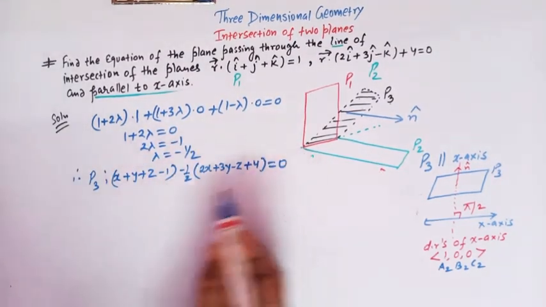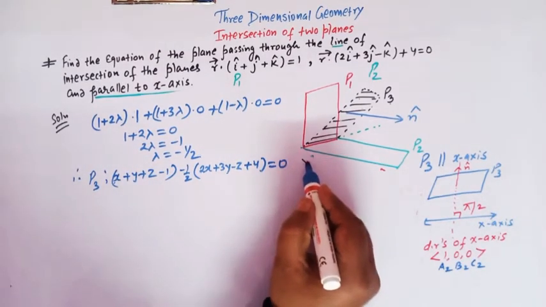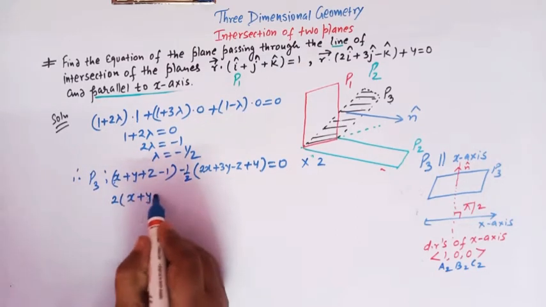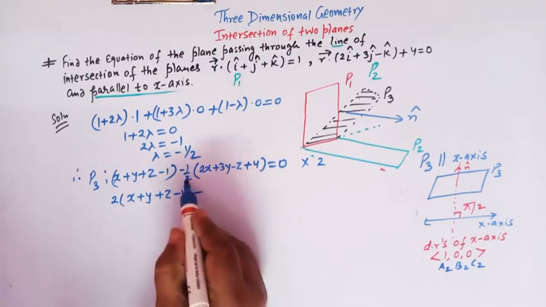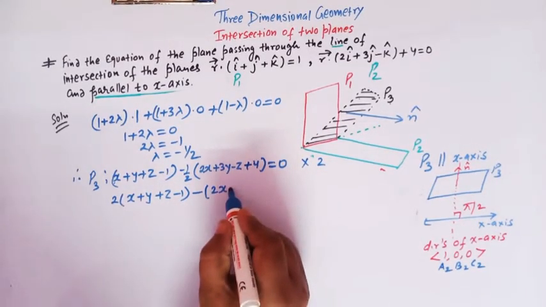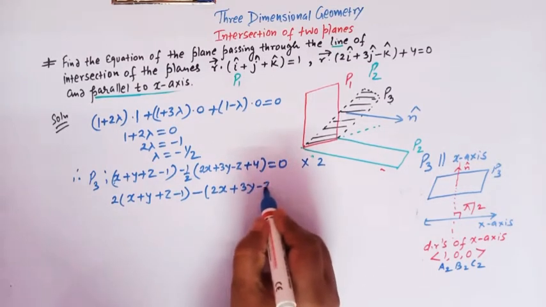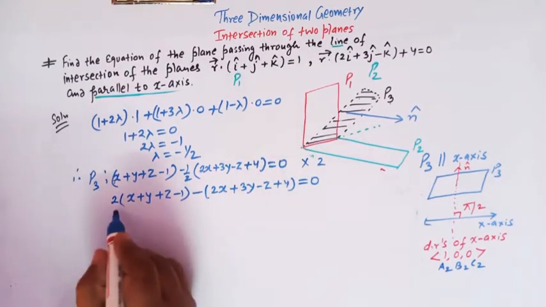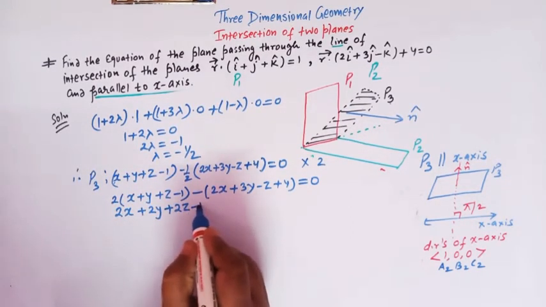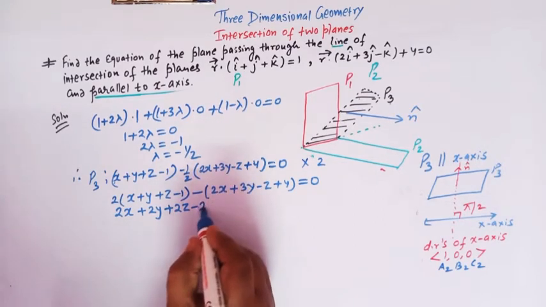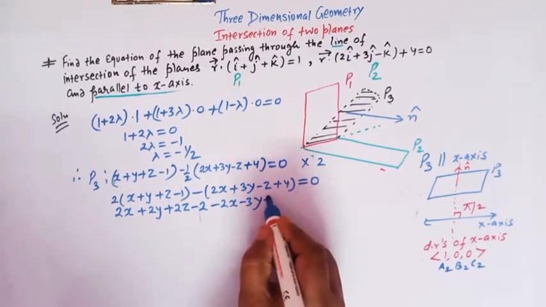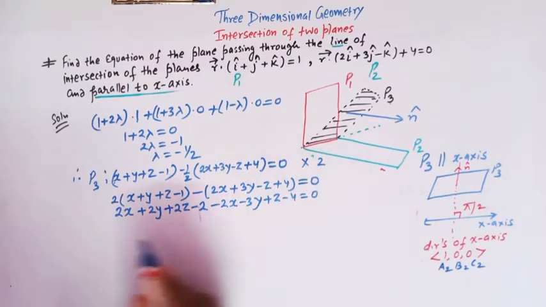So now we can simplify it. So multiplying this entire equation by 2, we have 2 times x plus y plus z minus 1. Here this 2 and this 2 get cancelled, and we have minus 2x plus 3y minus z plus 4 is equal to 0, and this is 2x plus 2y plus 2z minus 2, then we have minus 2x minus 3y plus z minus 4 is equal to 0.